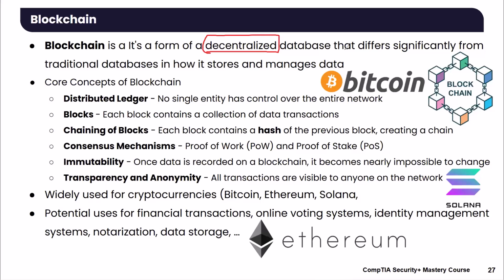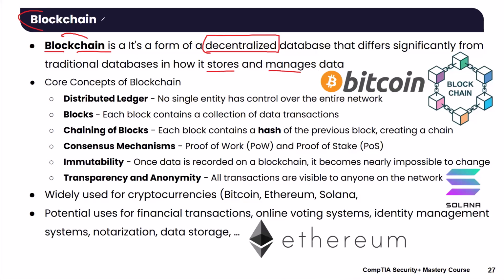So decentralized is when we distribute something between multiple computers, multiple databases, as this gentleman just pointed out for us. So that's really what blockchain is. It's a chain of blocks, literally. A chain of blocks that basically builds on top of each other. So it's a database that's different from what we're used to and is used to store and manage data.